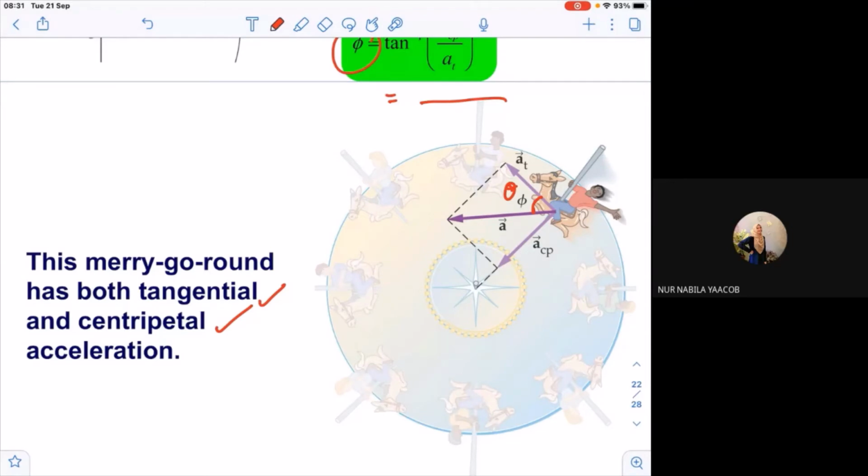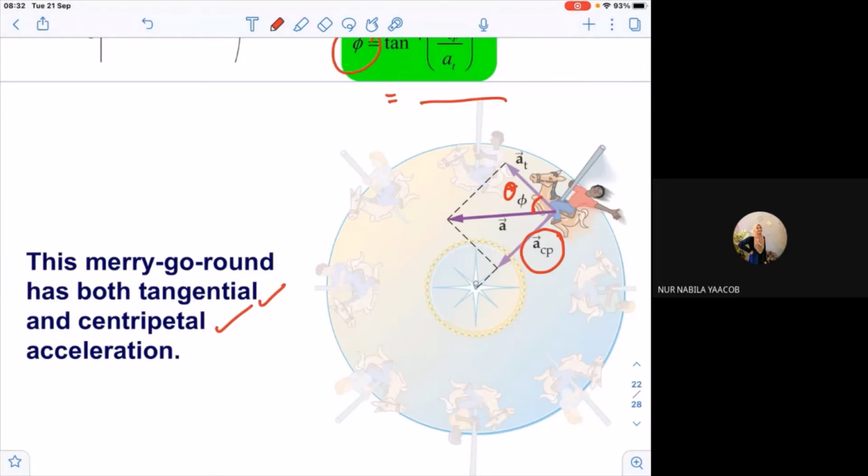Because of that, we can say that an object in rotational motion will have a centripetal acceleration, which is towards the center, and we also have the tangential acceleration, which drives these things around.